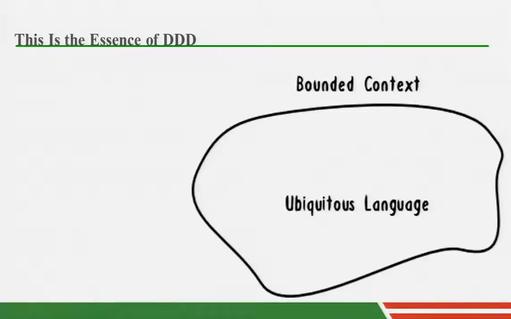But practicing DDD is not about picking up one or a few of the tactical patterns. This is really the essence of it right here: getting the model correct. And I think we can demonstrate today how the model of a true DDD bounded context comes to light as you have discussions about the domain.